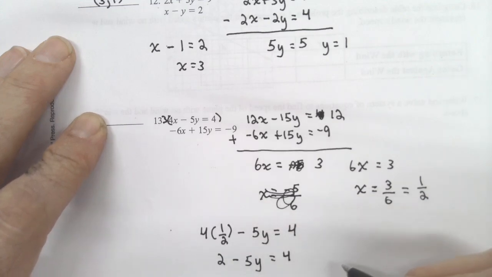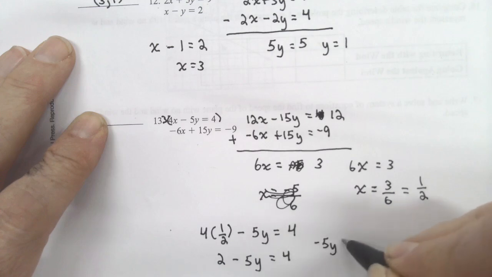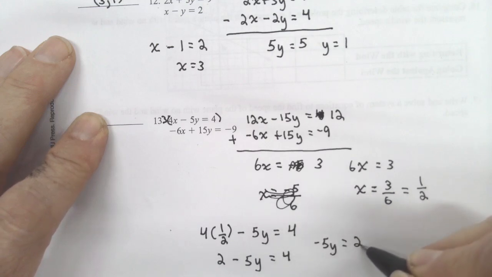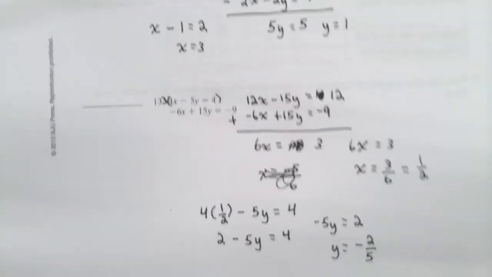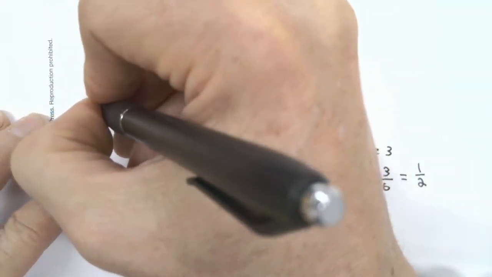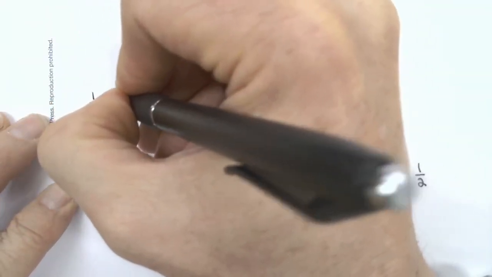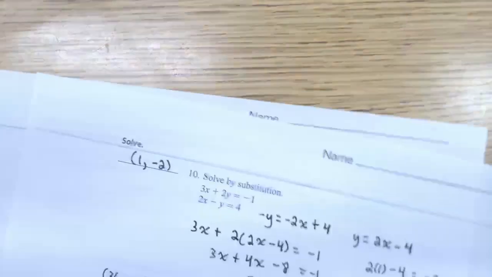And so what I end up with is -5y equals 2. And so y is going to be -2 over 5. Okay, so there are my two coordinates right there. It's going to be (1/2, -2/5). Alright, next slide for page 2.